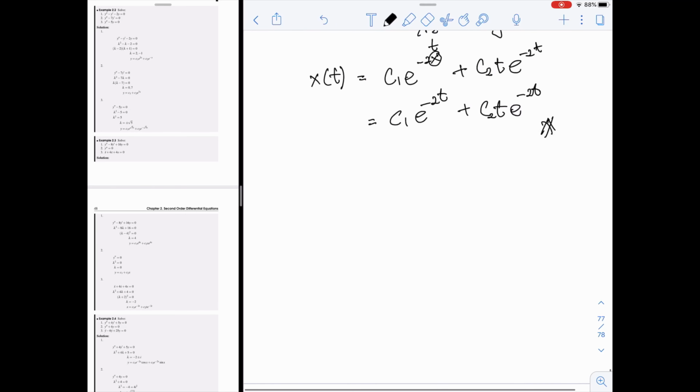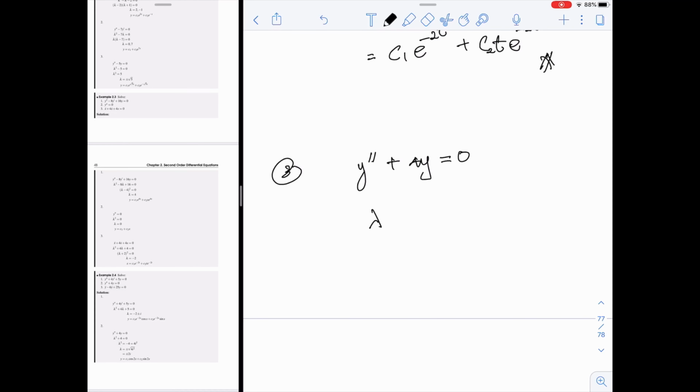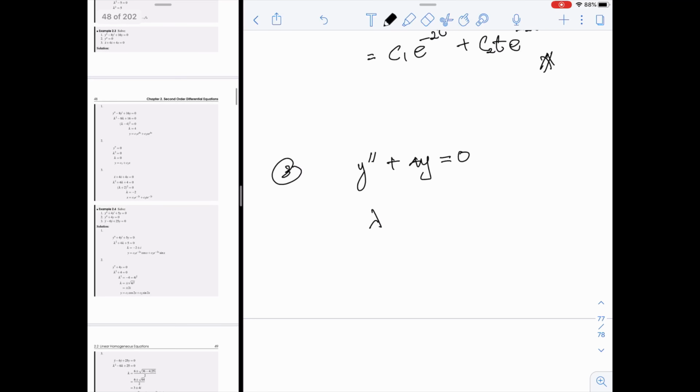Okay, so now let's proceed. If you have an equation that has complex roots, for example, y double prime plus 4y is equal to 0, when you find the roots here, what you will get is lambda equal to 0 plus or minus 2i.